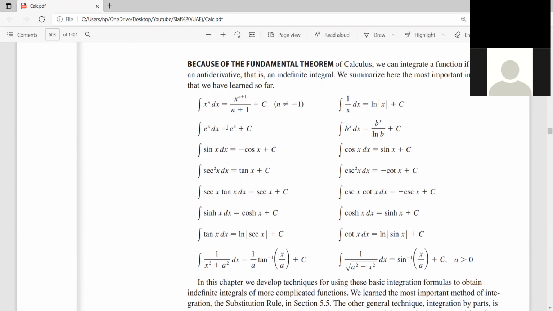The direct integral of ln x is not possible here. It is not listed in this table. So it's better to use the other method. Yeah, the simpler method is to go the other way.